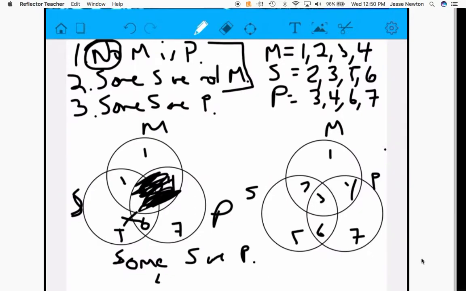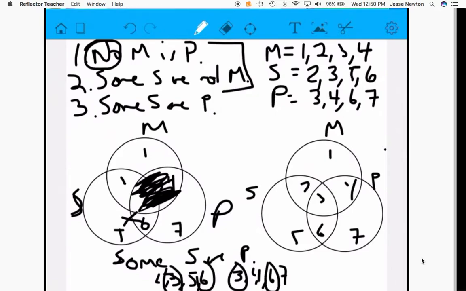S is 2, 3, 5, and 6. And P is 3, 4, 6, and 7. Circle the regions of overlap, which are 3 and 6, and scribble that out. We're saying are, so it is in 3 and 6. So how do we show it's in these two regions, 3 and 6? We place it on the line.